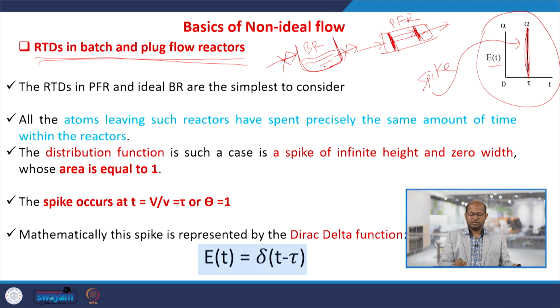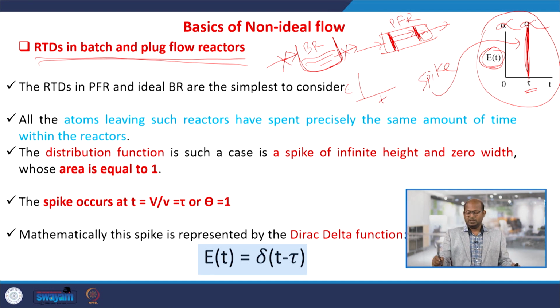if we want to find the E(t), first we have to find the C curve for this particular reactor. Once we know the concentration at a particular time, we convert that into the residence time distribution function, E(t). So, the E curve at this particular time, that is tau, would be a spike with infinite height. This is the nature of the E curve for an ideal reactor.